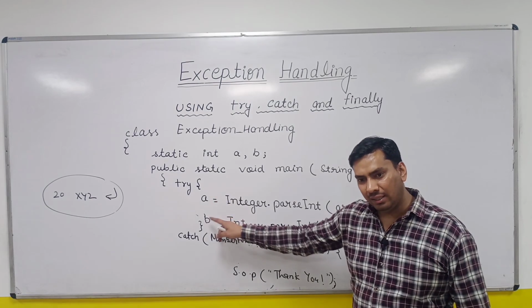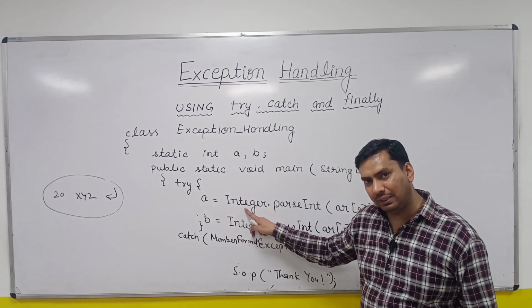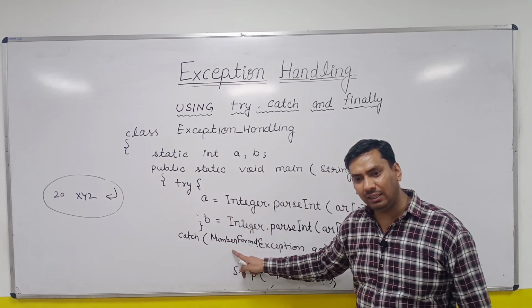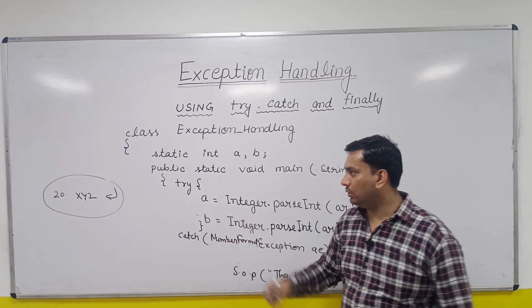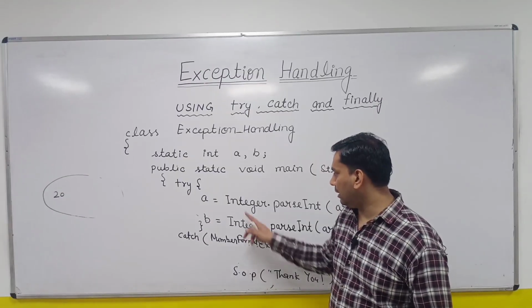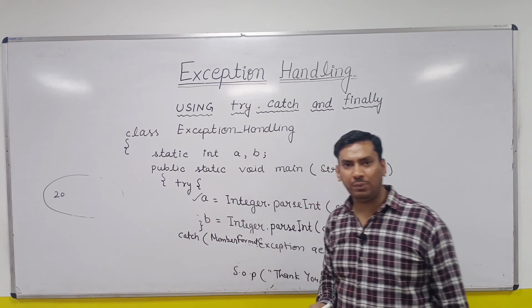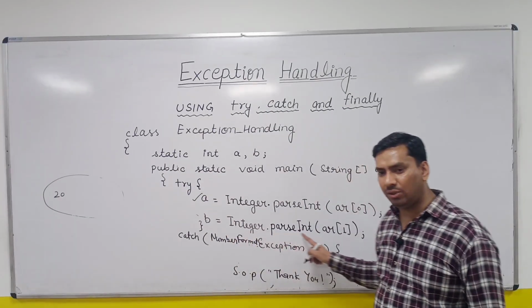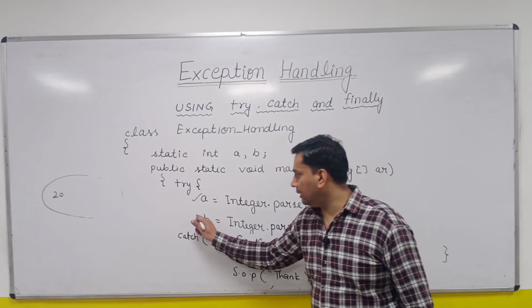There is a try block. In the try block here, NumberFormatException as well as ArrayIndexOutOfBoundsException is possible. But which exception are you handling? NumberFormatException. Let's suppose you are passing only one input here, only 20. So it will come here. This line will be executed properly. But in this line you will get ArrayIndexOutOfBoundsException. It will be thrown here.